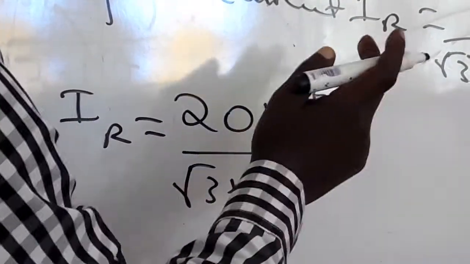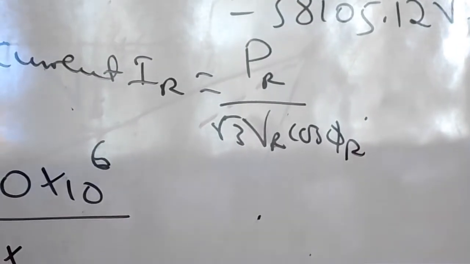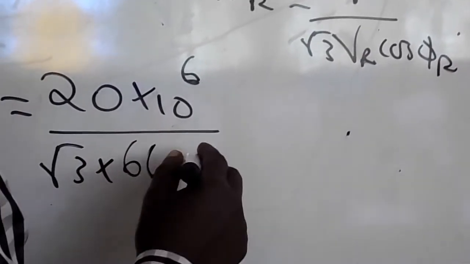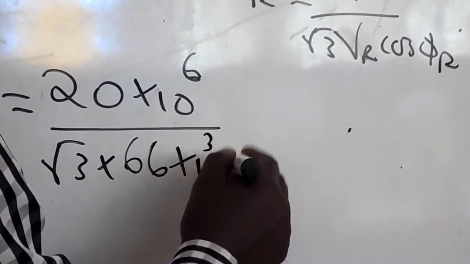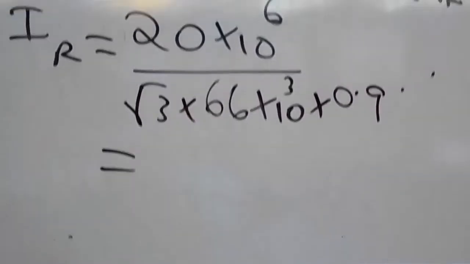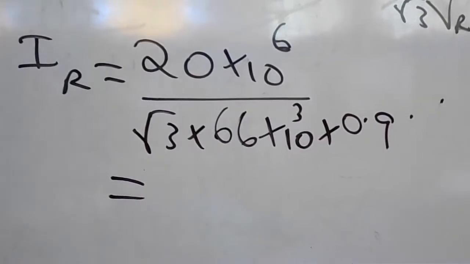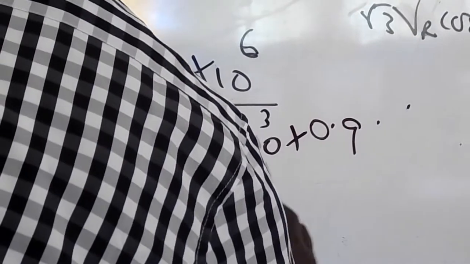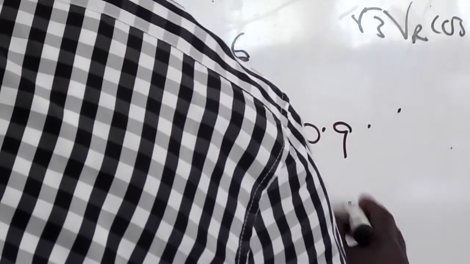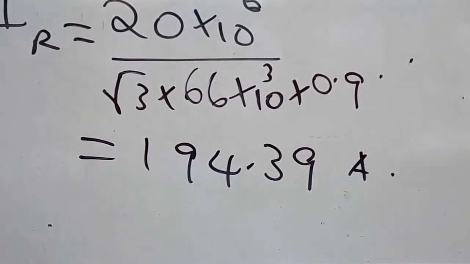Now that I'm using root 3 here, that is the line value of the receiving end voltage. So I'll be having 66 times 10 power 3 times the power factor, cos phi r, which is 0.9. When you calculate that, you will get approximately 194.39 amperes.